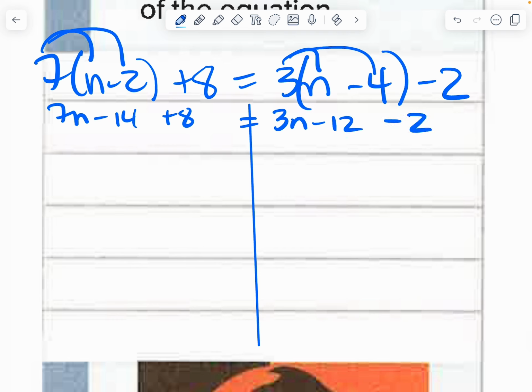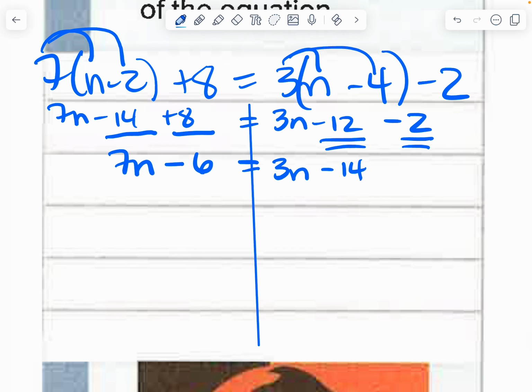Now, before I can do my next step, I need to combine like terms. These two are like terms. So when I do that, I get 7n minus 6. On this side, these two are like terms, so I'm going to combine them. So 3n minus 14.